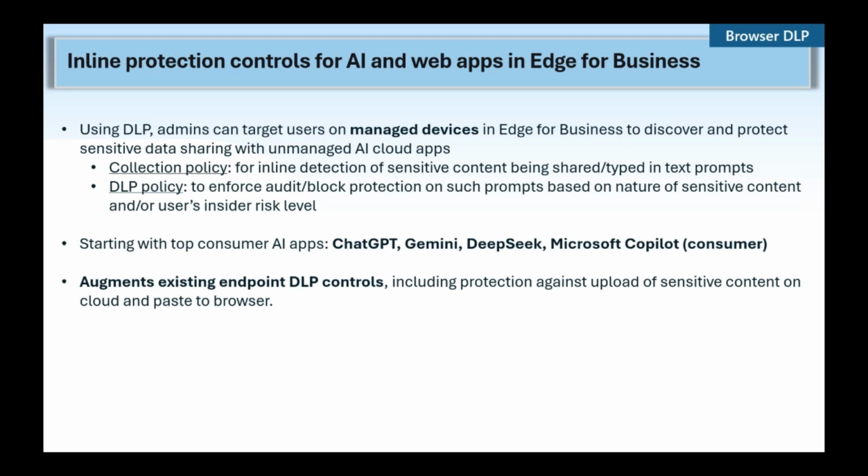Now, this list will continuously expand to support a broad range of unmanaged apps, including additional Gen AI apps, email collaboration, and social media apps, right? So the list will expand. Now, just to highlight here, as part of the setup, there's an additionally required configuration in order to block users from accessing these apps from non-compliant browsers, right?